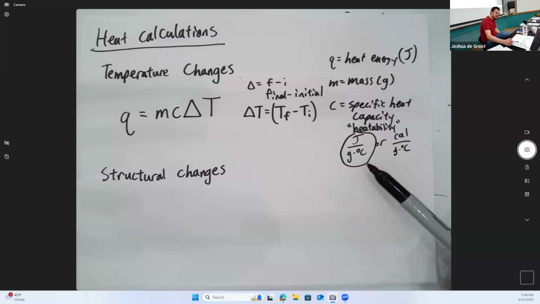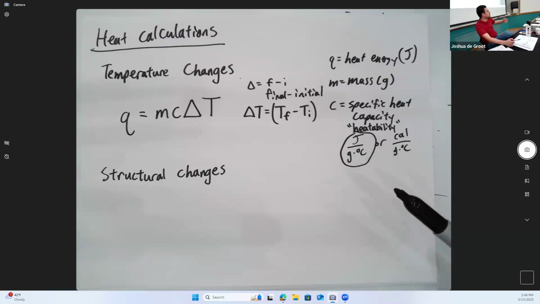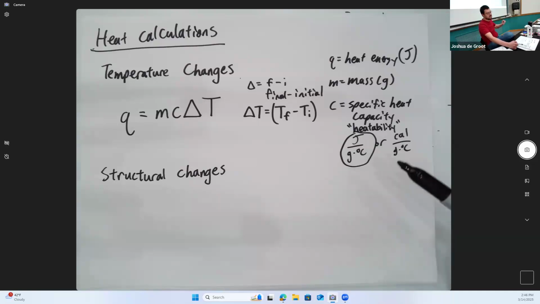And if you want to write a definition for these units, it's the amount of heat required to take 1 gram of substance up by 1 degree Celsius.